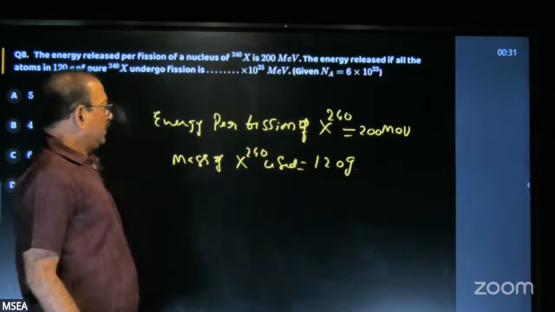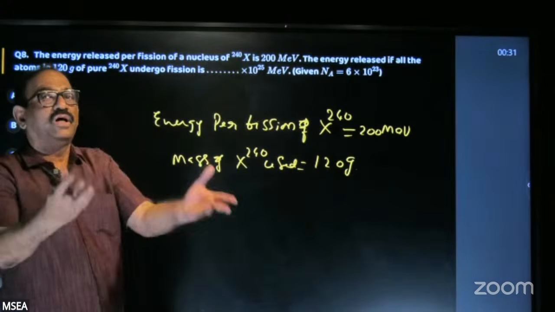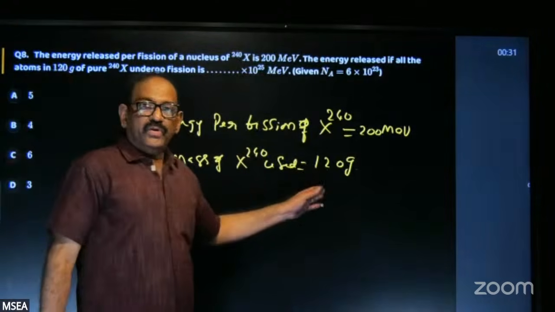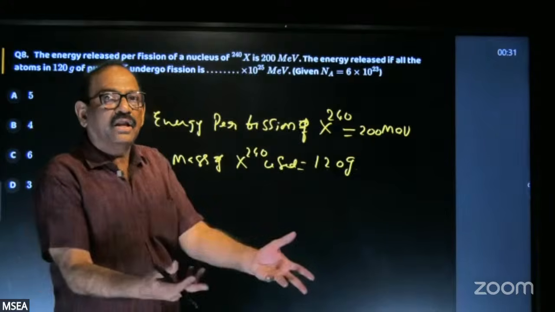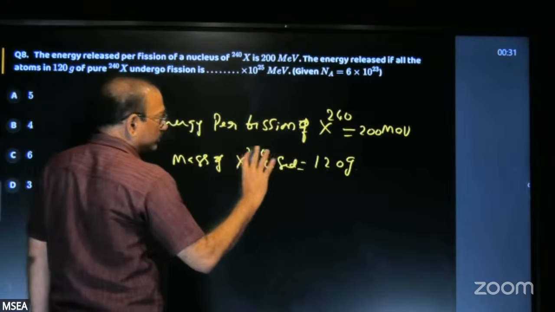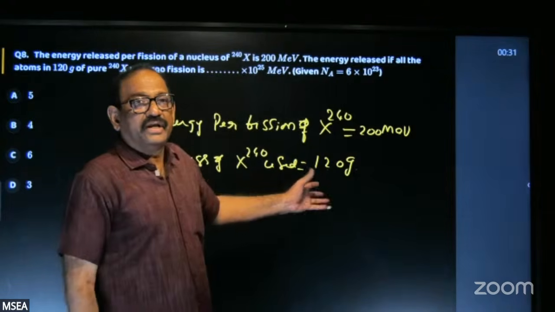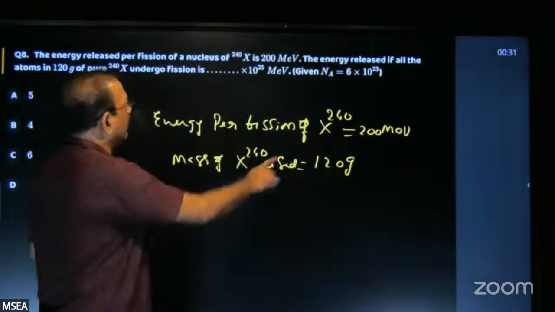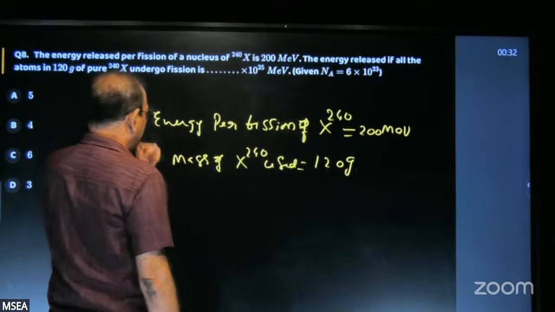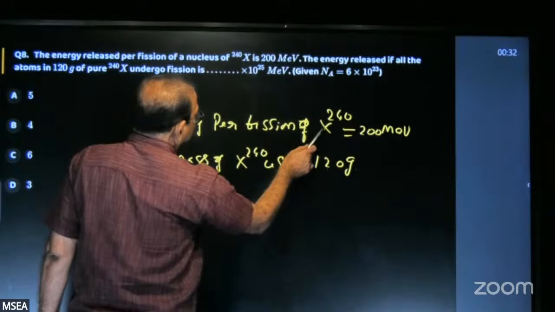120 gram. So in this 120 gram, how many atoms are there? I have to find. How to find? Using the mole concept. When you are using the mole concept, the mass must be taken in grams. He gave grams only here, 120 gram. So, what is 1 mole of this element?